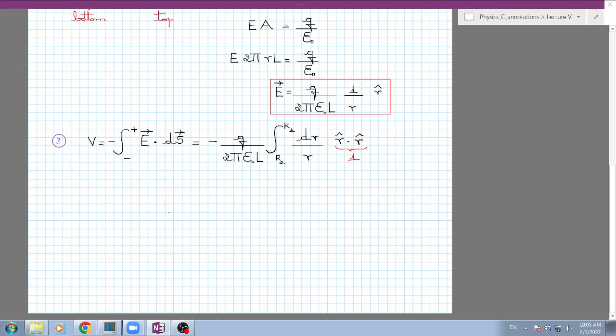So substituting all these values, you can find that the potential for this particular geometry is going to be, again, one constant multiplied by this.